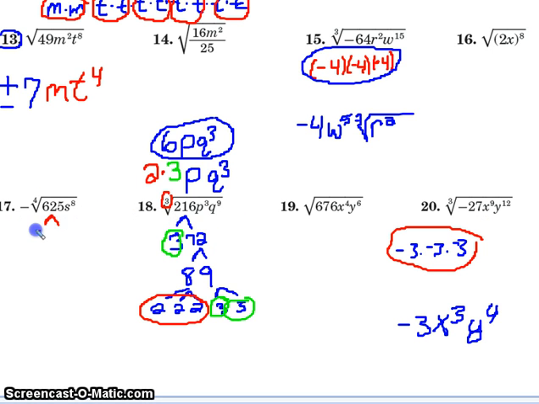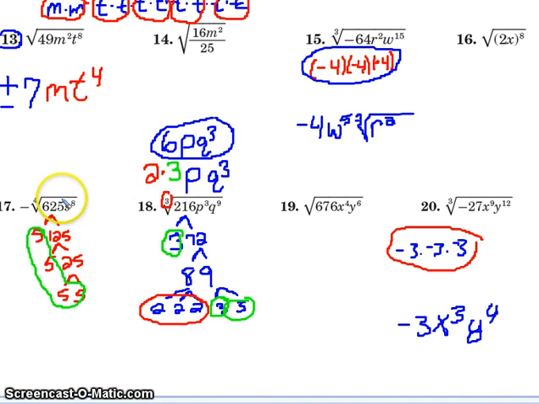I know that it's got to be divisible by 5. And when I divide by 5, I get 125. Well, once again, that's divisible by 5, which gives me 25, and then 5 times 5. So in this case, I need 4 of the same thing, and my 4 is a 5.